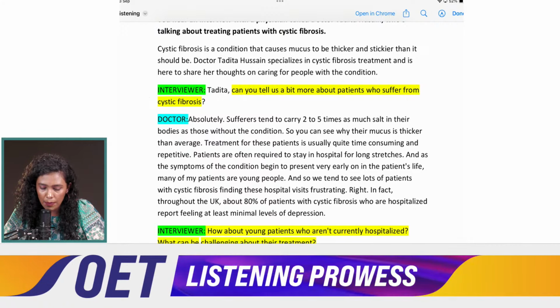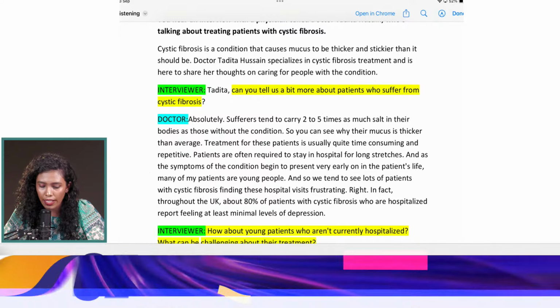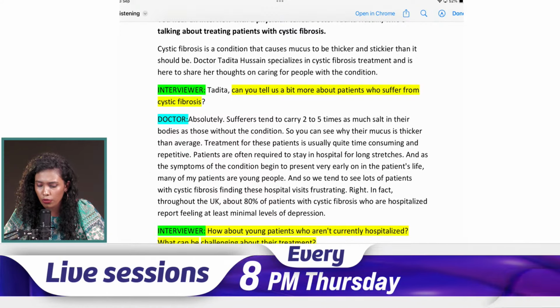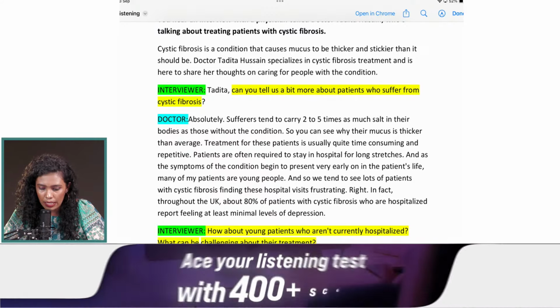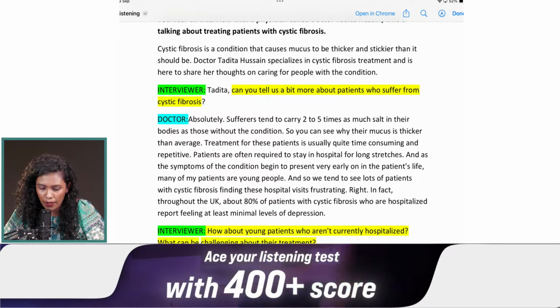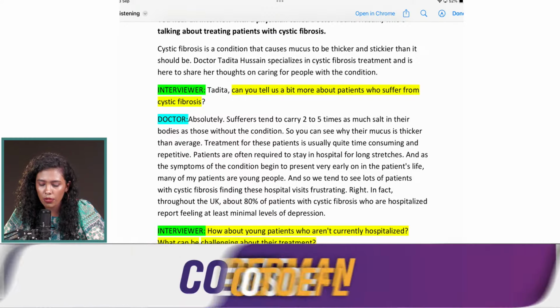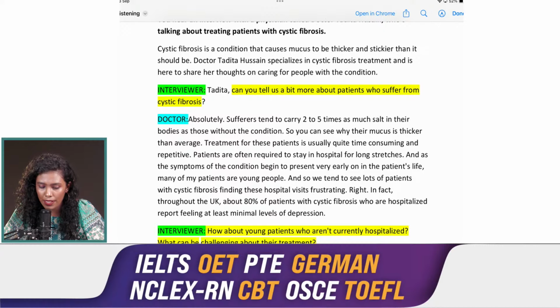Absolutely, sufferers tend to carry 2 to 5 times as much salt in their body as those without the condition. So you can see why the mucus is thicker than average. Treatment for this patient is usually quite time consuming and repetitive.